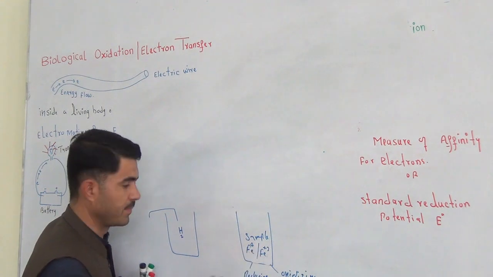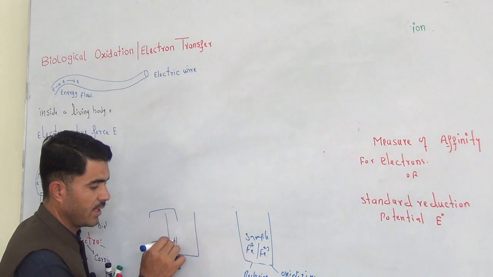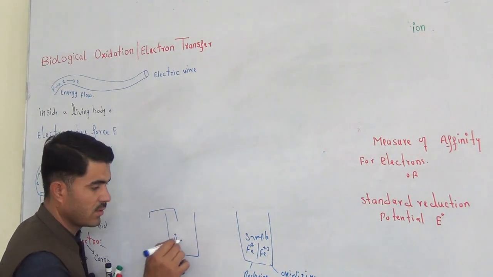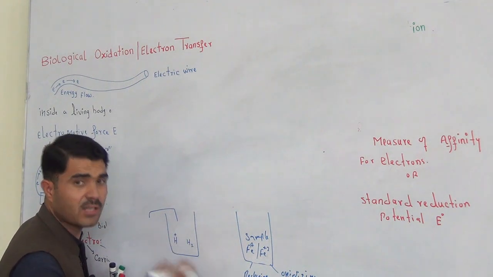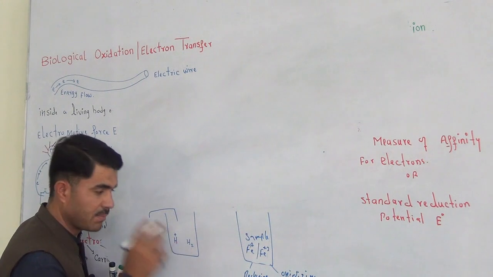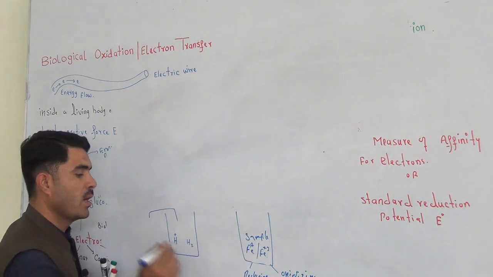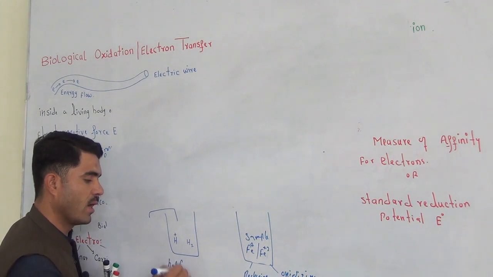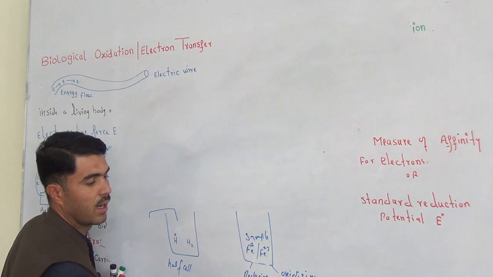This is one solution, and this is another solution. If we have H+ ions here, there will also be the hydrogen molecule H2 as well. So that is the oxidized species and this is the reduced species. That must be present in the two solutions, in the two cells. Yes, this is called one half cell. This is called another half cell.